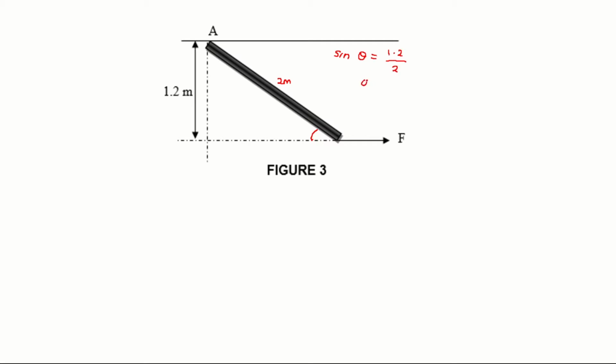So you get theta equals sine inverse of 1.2 divided by 2, around 37 degrees. So here is 37 degree, which means that here is 53 degree.